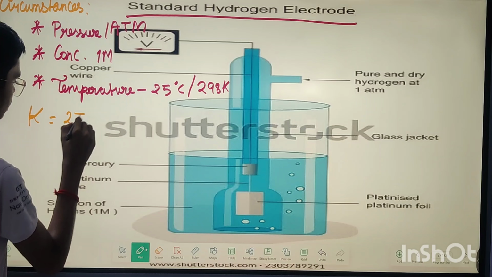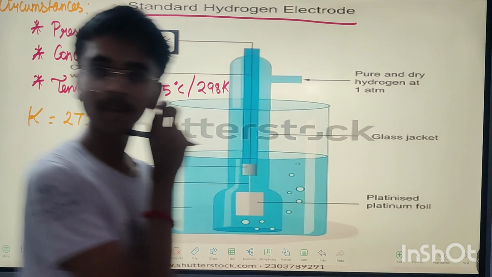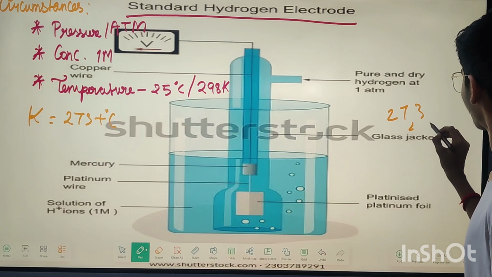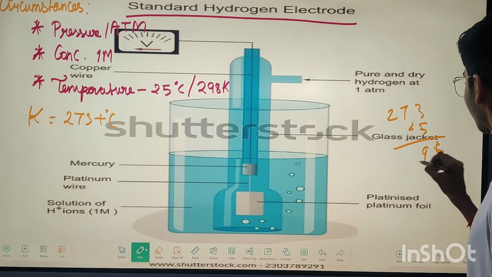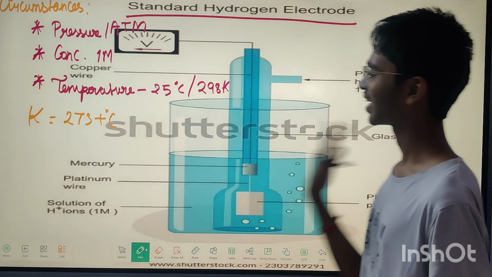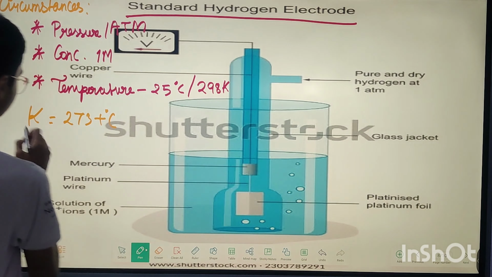Kelvin is equal to 273 plus degree Celsius. Just a small formula, you can just take it out.